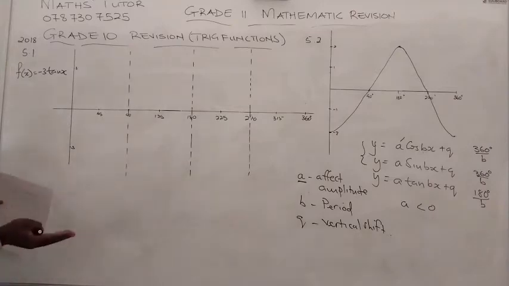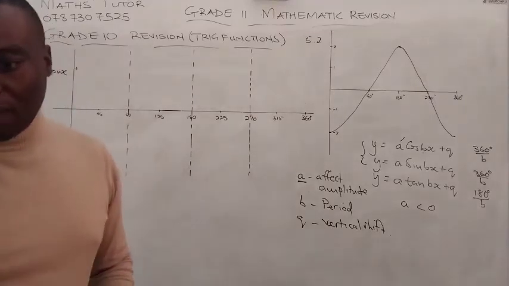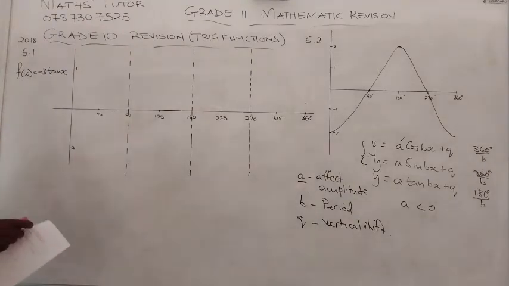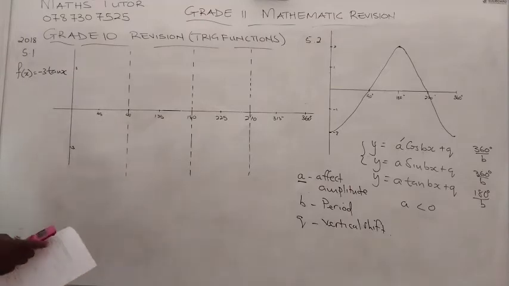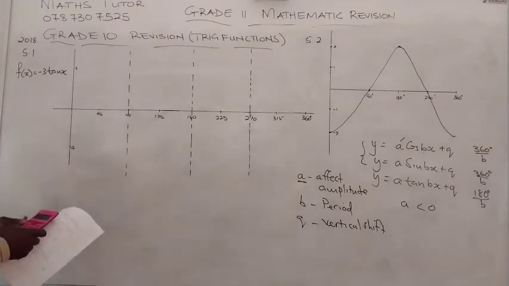The period is still 180 degrees. So what we are going to do is very easy. You take your calculator, press mode, go to number 3, the table, and put your function, which is f of x, negative 3 tan x.